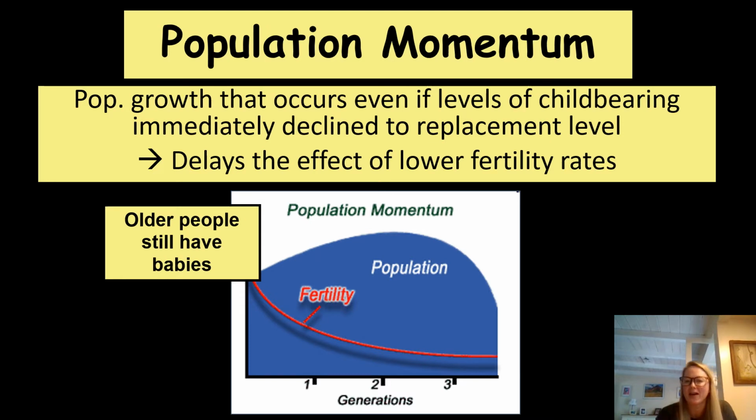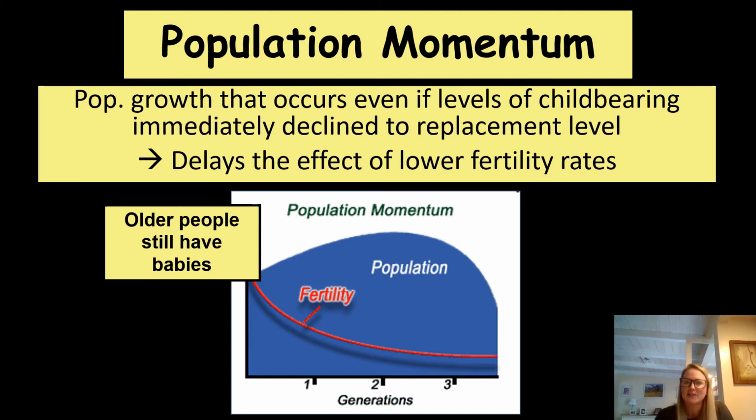So sometimes, and this was seen in China, for example, something happens in a population where it continues to grow even though you put limits on the fertility. And that phenomenon is called population momentum. So it's a process where the population continues to grow even when you slow down the fertility rates of the population.